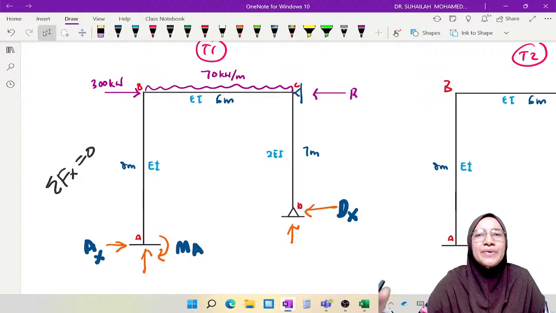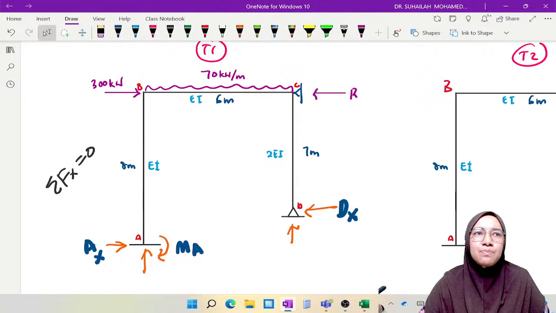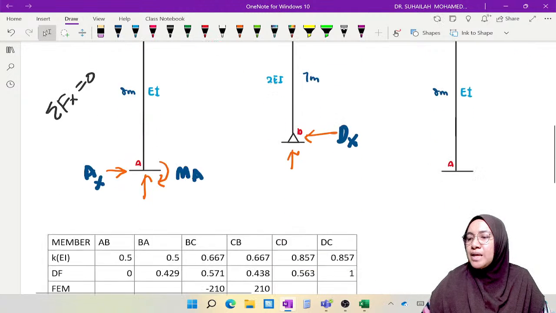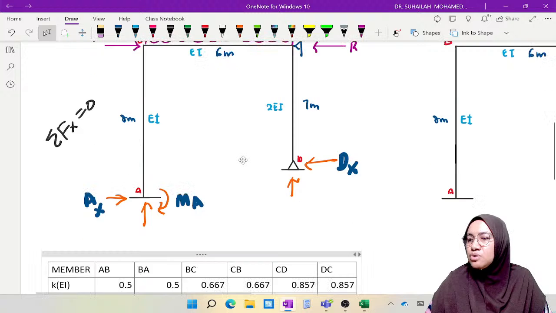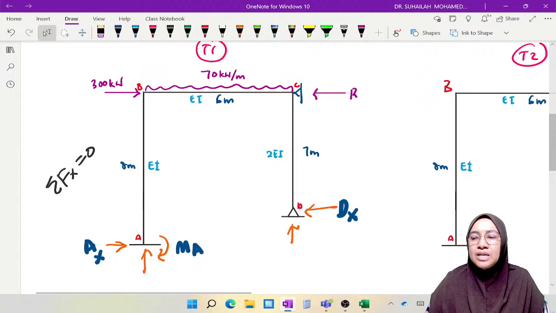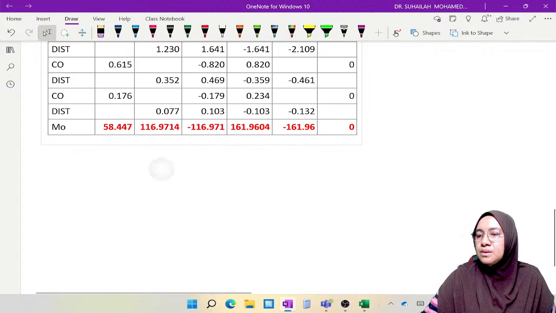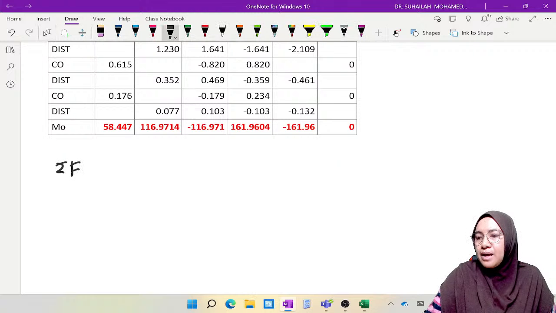So it relates to all horizontal forces, including all horizontal reactions at the support. So we can write the equation. By looking at this, we get 300 minus R plus AX minus DX equal to 0. Fx is equal to 0.